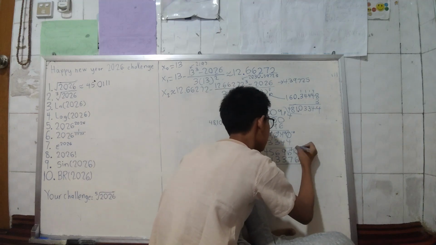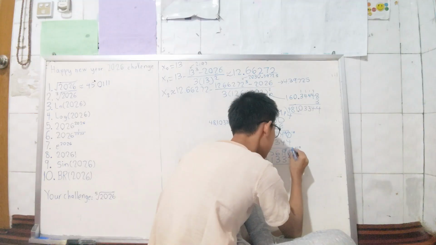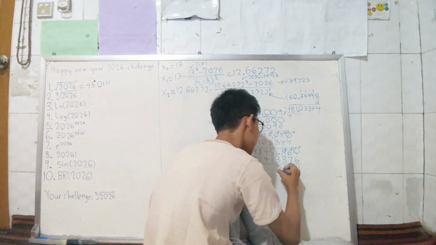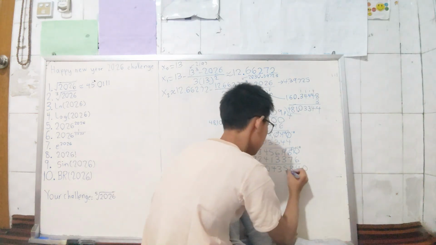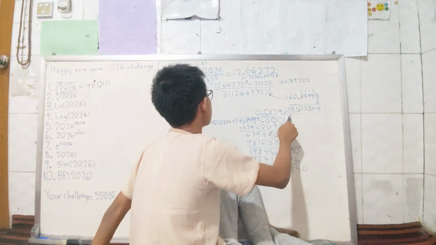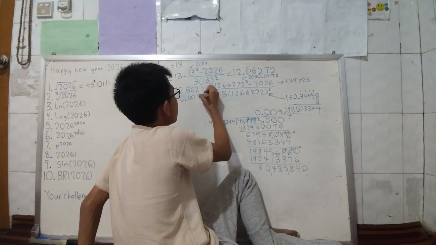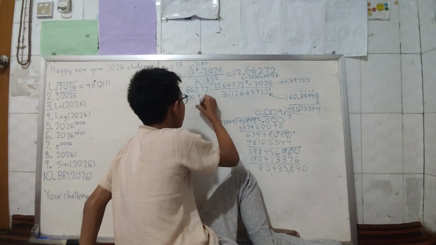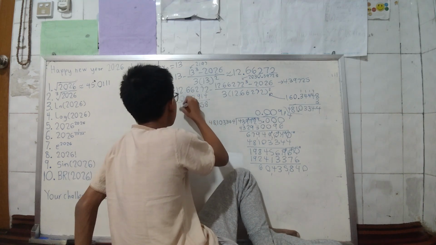So that's going to be 5. That's going to be 10. That's going to be 4. That's going to be 8. That's going to be 5. That's going to be 3. That's going to be 4. 0, 6. Maybe another 0 there. So this will be our approximation. And if we subtract 0.00914, then we'll get 8, 5, 5, 3, 12.6.